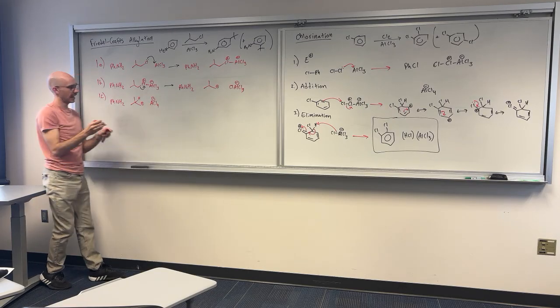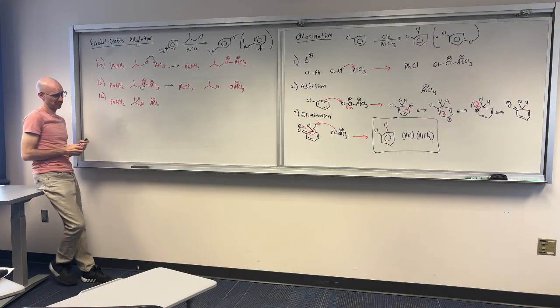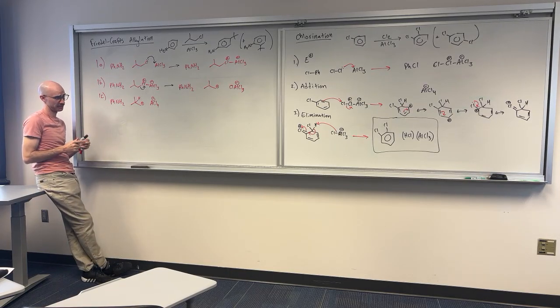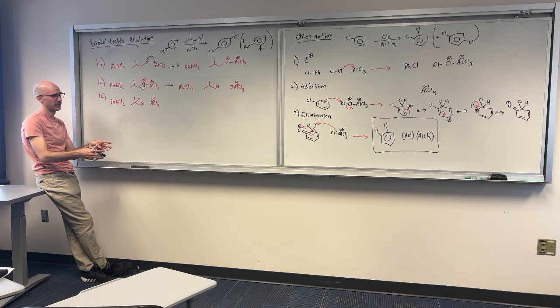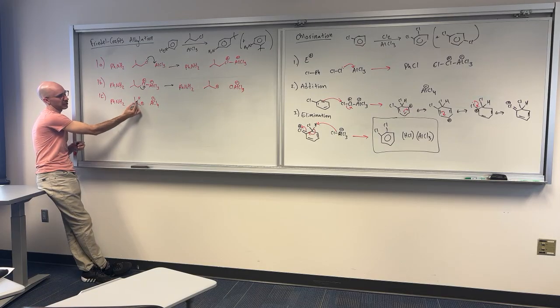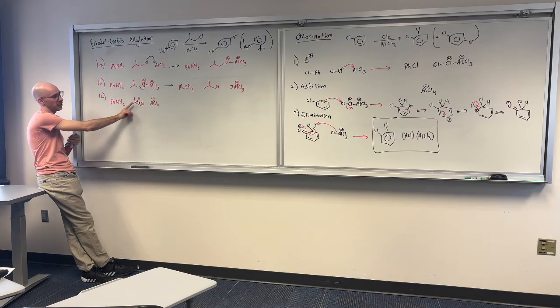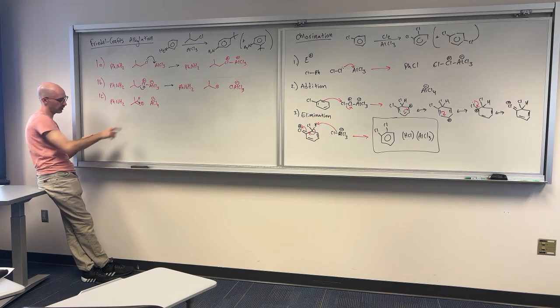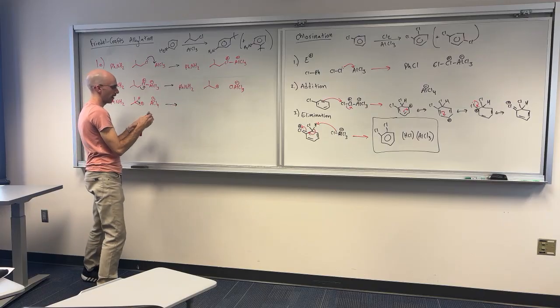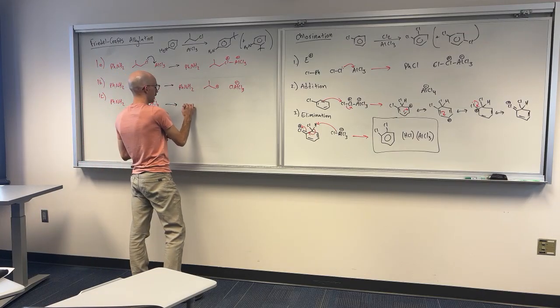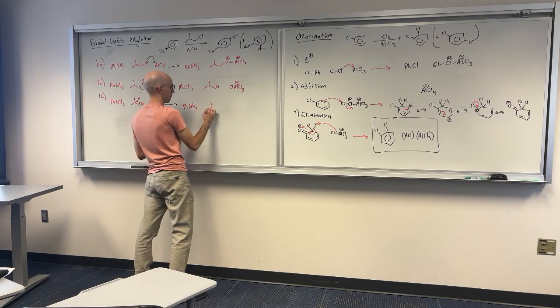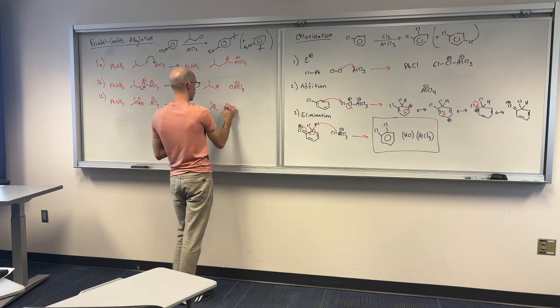And here I'm abbreviating ClAlCl3 as AlCl4. The hydrogen on that tertiary position scoots over with its electrons. This arrow starts at the CH bond because those electrons are moving over. And now I have my activated electrophile, the tert-butyl carbocation.